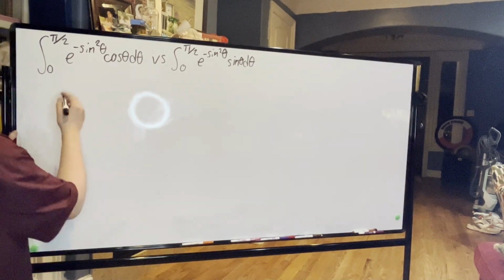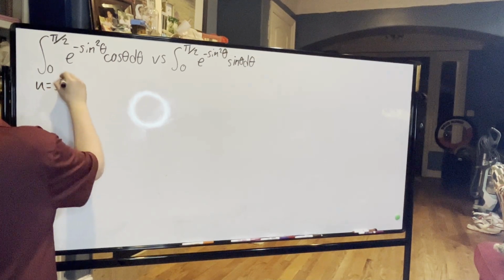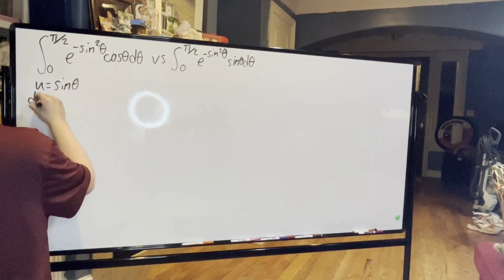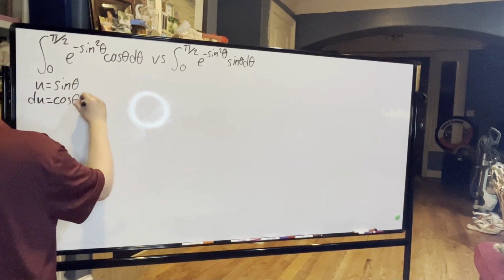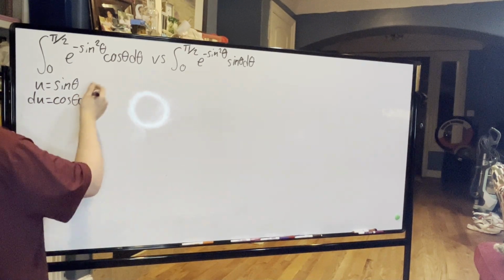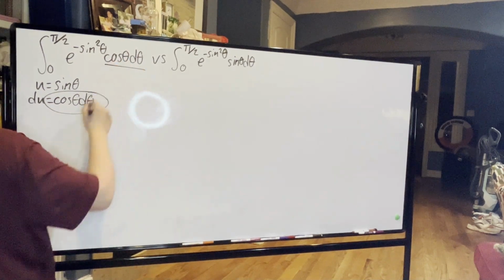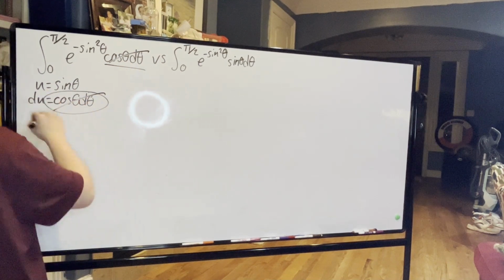It's a lot simpler. Just do a u sub. u equals sine theta, and then du equals cosine of theta d theta, and you see we already have this right here in the integral, so they're going to cancel out, or they're going to get sucked up into the du.